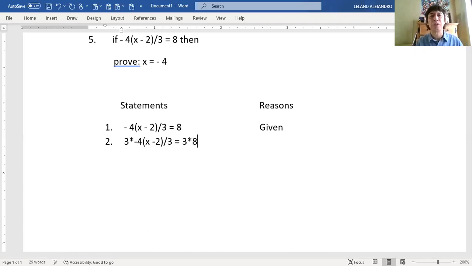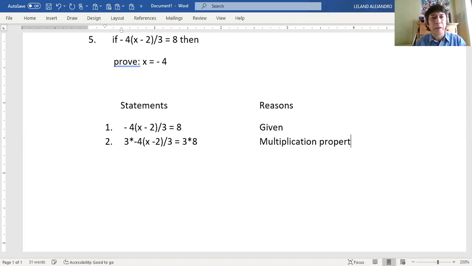There, asterisk means multiplication, of course. So we can actually simplify this to something like negative 4 times the quantity x minus 2 equals to 24, something like that, without the 3. And we shall have something like, in our reason, this will be multiplication property.